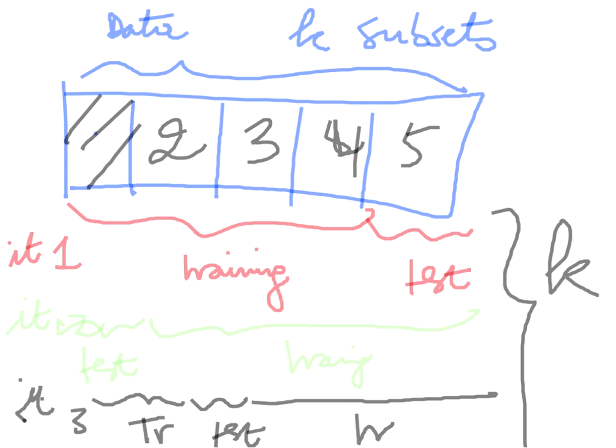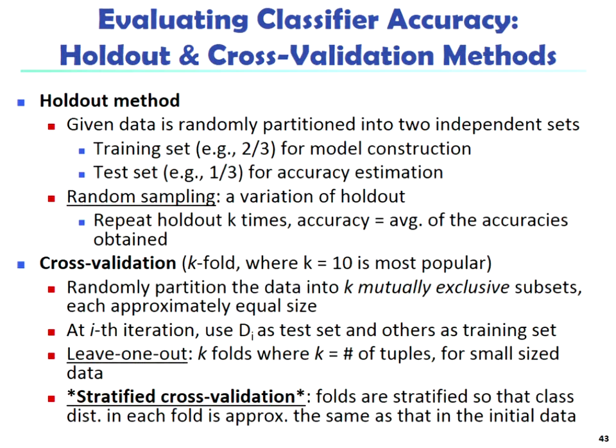After that, we will take the average of the accuracy of all these iterations. This is cross-validation. Cross-validation randomly partitions the data into k mutually exclusive subsets, and at each iteration you use Di as test and the others as training.